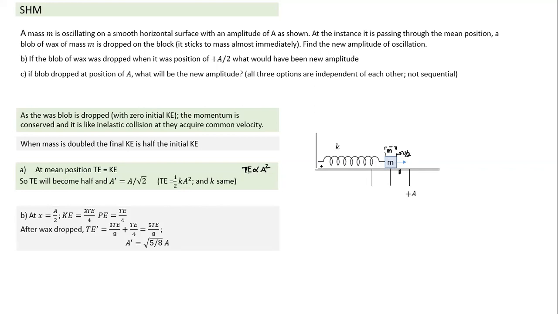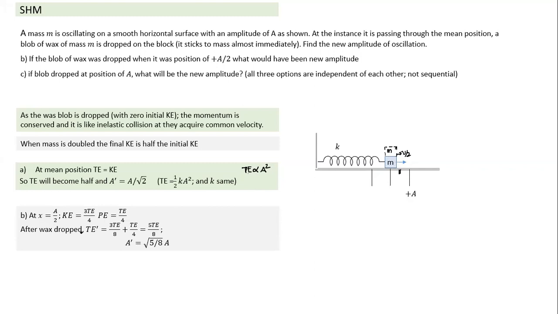Here also, whenever it gets dropped and sticks together, whatever kinetic energy it had at that instant, the kinetic energy after it sticks together becomes half of that. So when x is equal to A by 2, if the total energy is TE, we remember that at A by 2, potential energy is 1/4 of total energy and kinetic energy is 3/4 of the total energy.